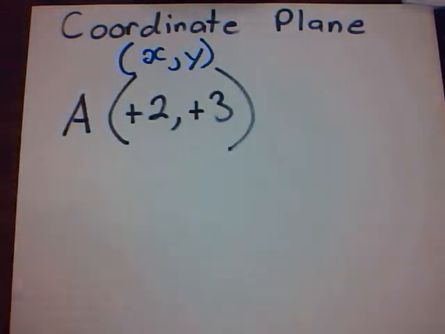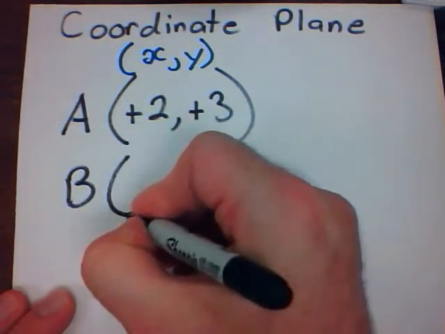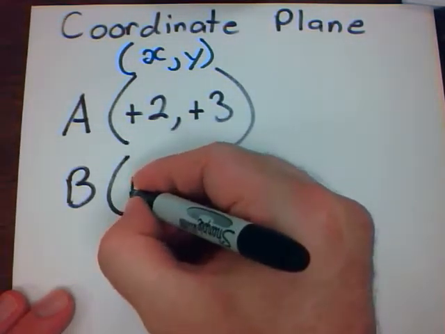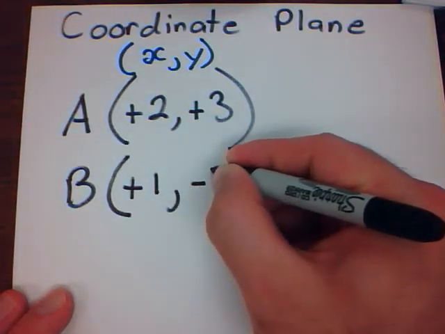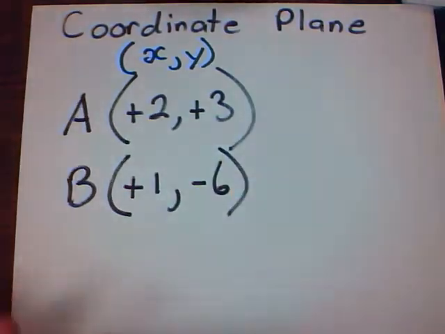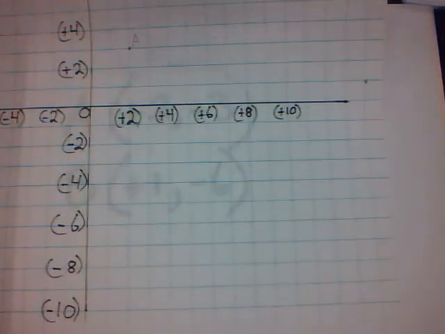Another example. Let's put point B at positive 1, negative 6. Once again, first of all, we find the positive ones on the x.